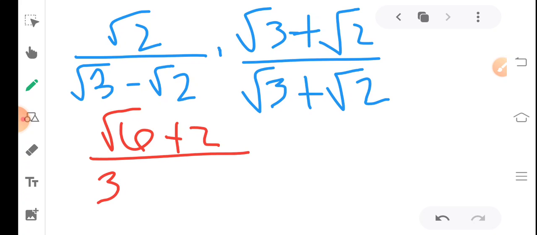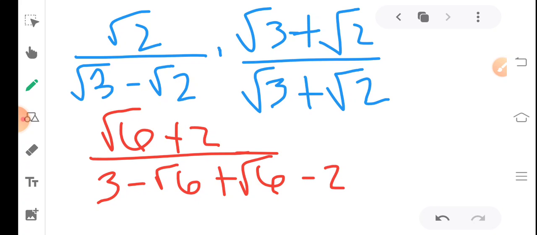The square root of 3 times negative square root of 2 is negative square root of 6. Then the square root of 2 times the square root of 3 is positive square root of 6. Then the square root of 2 times negative square root of 2 is negative 2.